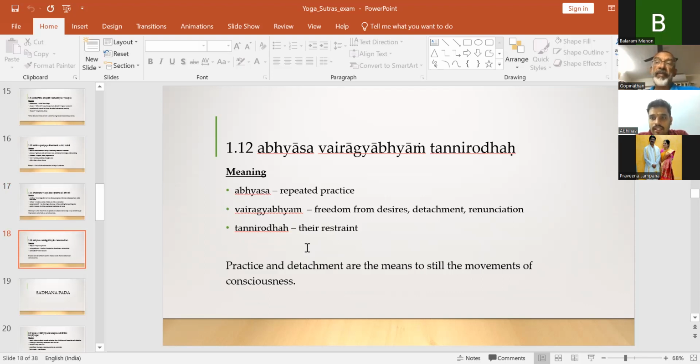Abhyasa and vairagya. Abhyasa means practice. Vairagya means detachment. Abhyasa vairagyabhyam tannirodha is the solution for how to get chitta vritti nirodha. Whatever vrittis are there, to master them we have to do two things: one is practice, the other is detachment.